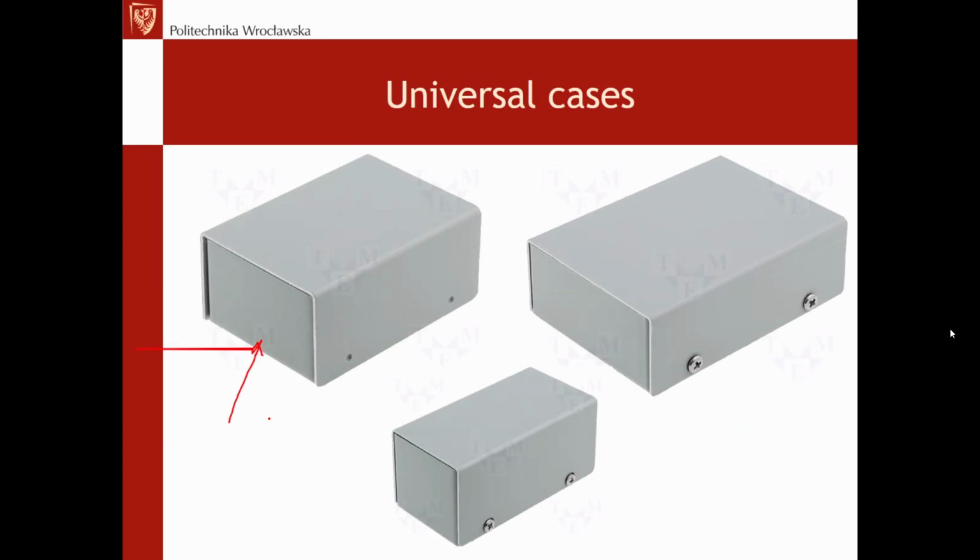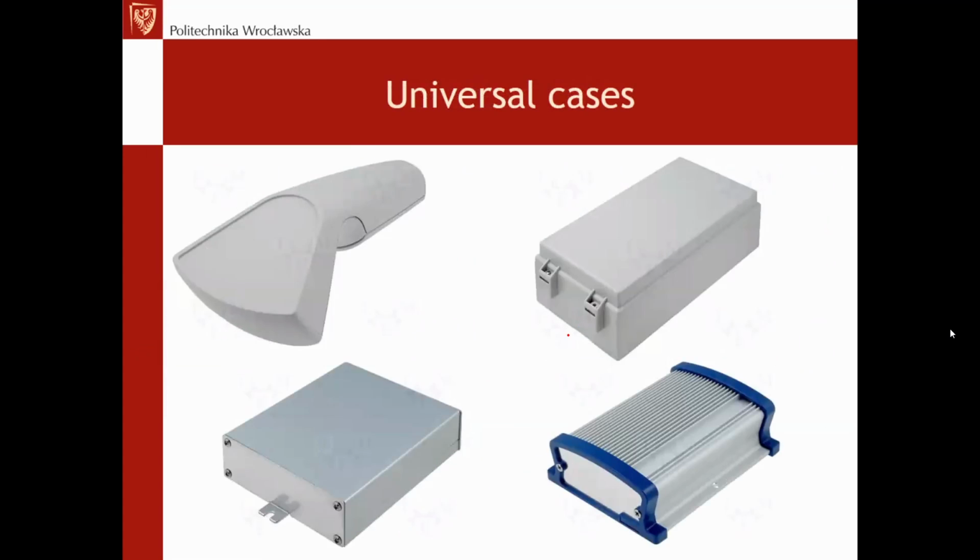Therefore, on the market there is a choice of cases of painted steel, of rectangular shape, because usually steel cases are rectangular. If you want some more fancy cases, take a look, here is a very fancy case. These are usually from plastic. There is also a large family of aluminum cases made from aluminum profiles.